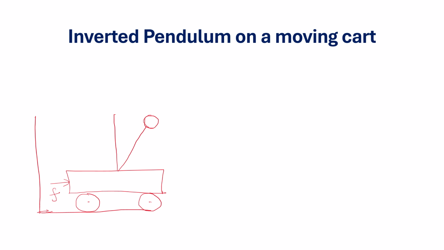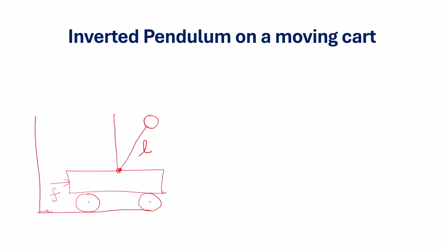You have a moving cart with an inverted pendulum hinged on top. The pendulum is a stiff bar of length L, and it is supported at one end by a frictionless pin.